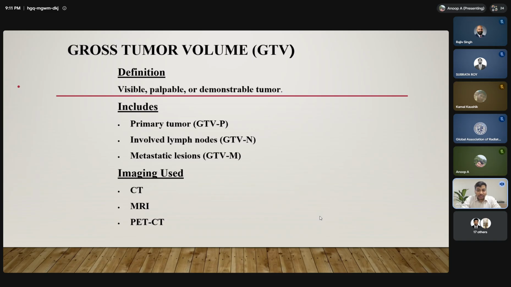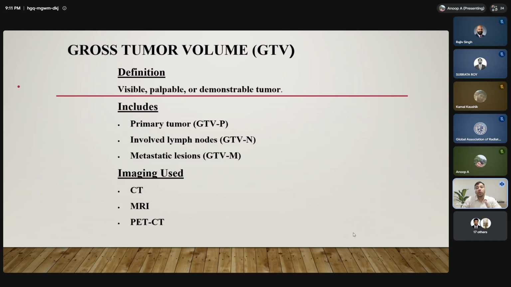Now we have discussed what the GTV includes. Next, we will discuss what the GTV strictly excludes. To truly understand what the GTV includes, it is helpful to know what the doctors purposefully leave out of it. First, microscopic spread. Second, internal motion. Third, patient positioning errors.